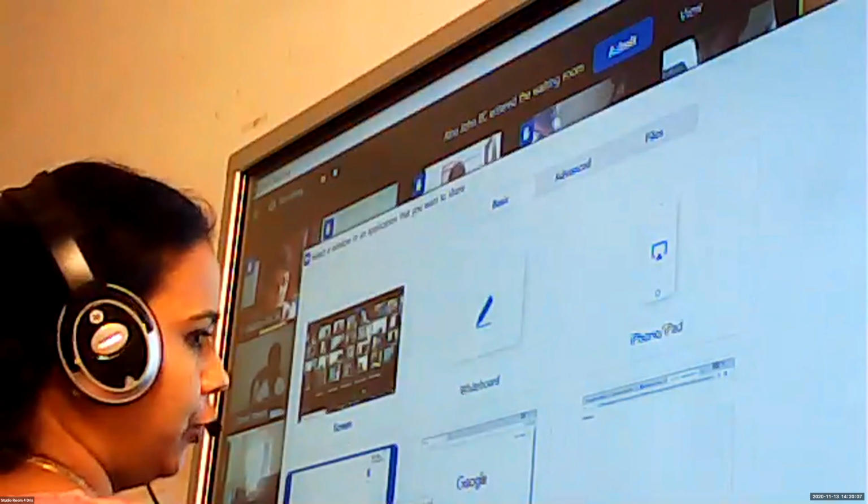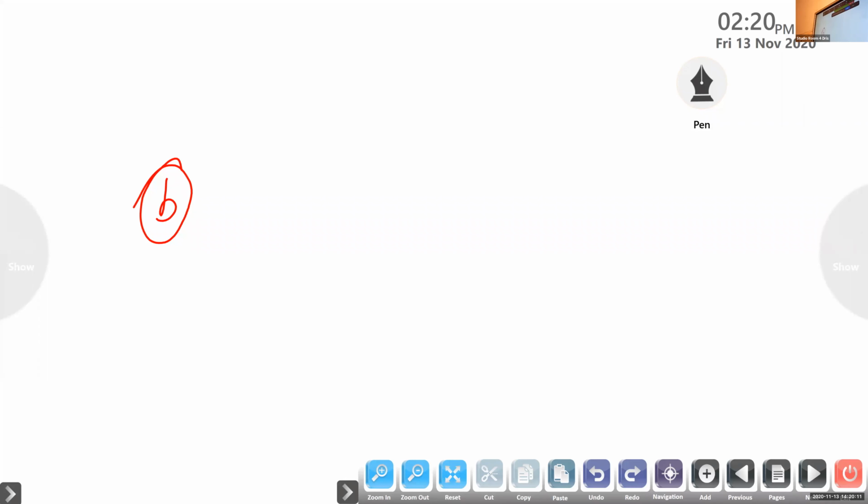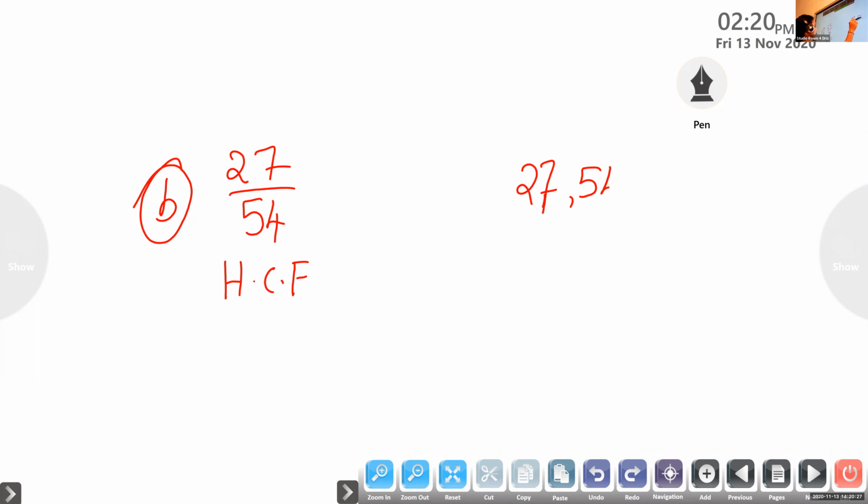Okay, very good. Children, please check. If you divide by 9, you have to do one more division. Here the question was 27 by 54. Find the HCF. You can divide by 3.